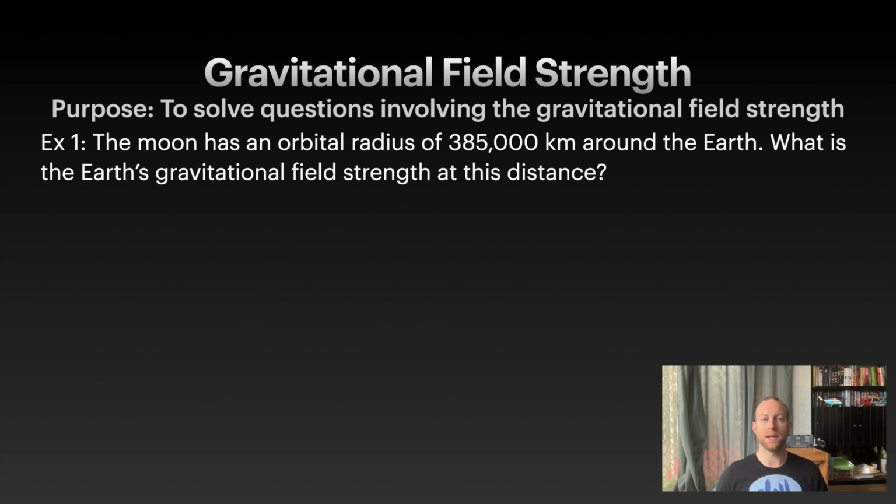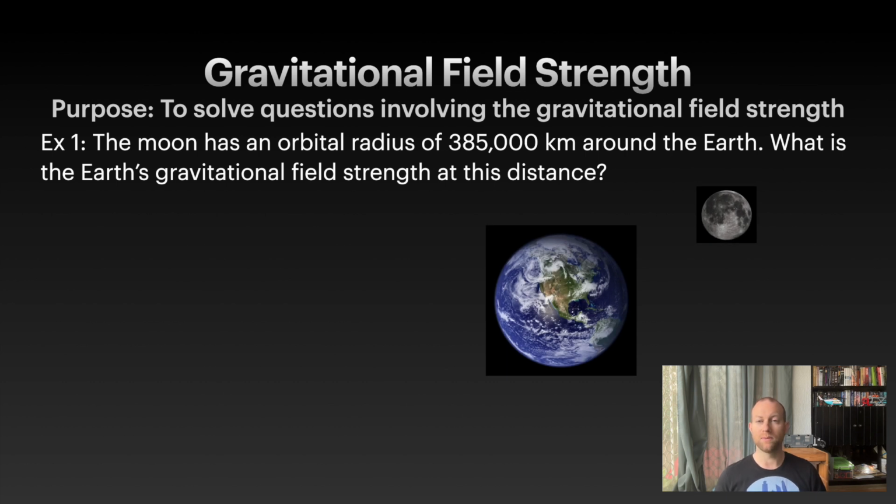I've got the moon is in an orbital radius of 385,000 kilometers around the Earth. What is the Earth's gravitational field strength at this distance? So here's a picture of what's going on. We're told the distance from center to center is 385,000 kilometers. Here's our equation for our little g. And notice for this, it's asking what's the Earth's gravitational field strength.